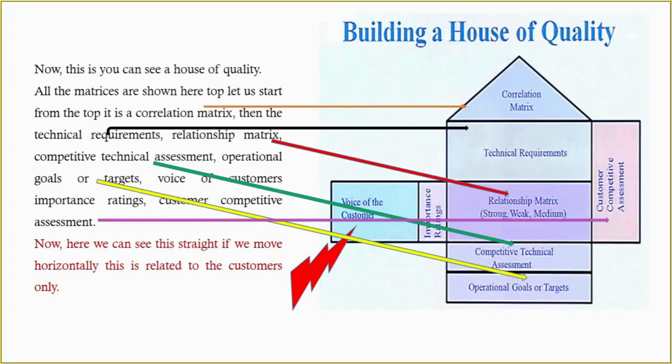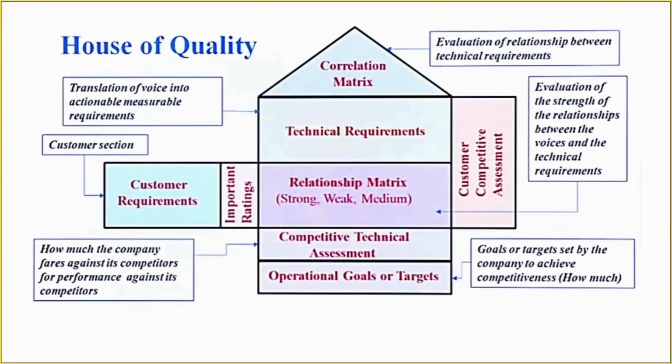So these are the different matrices or blocks of the house of quality. In this picture there are different points, and based upon them we are going to understand the complete house of quality. We will start learning with this.